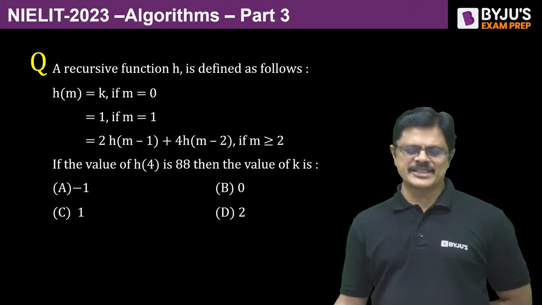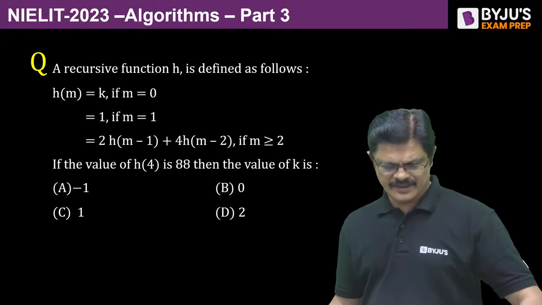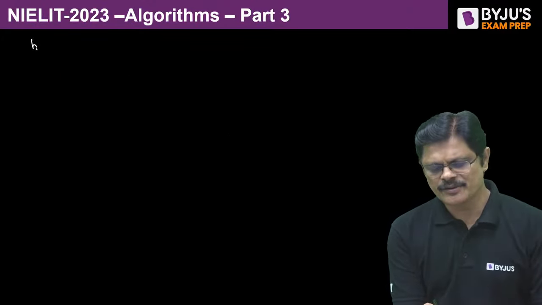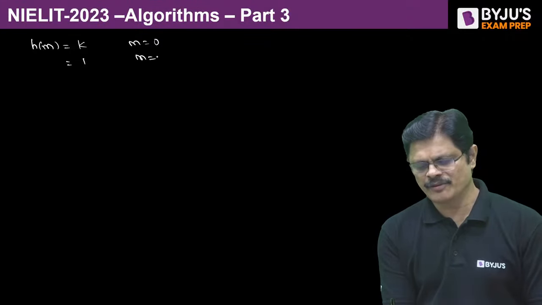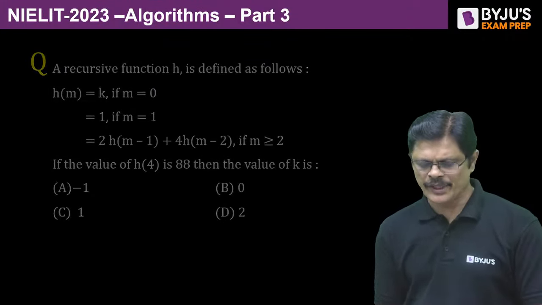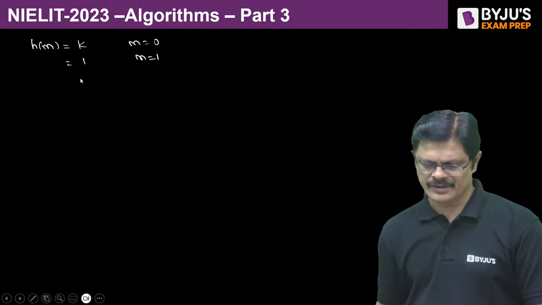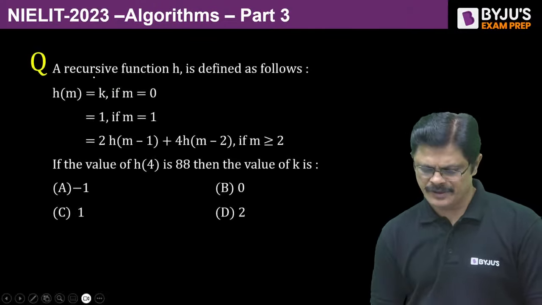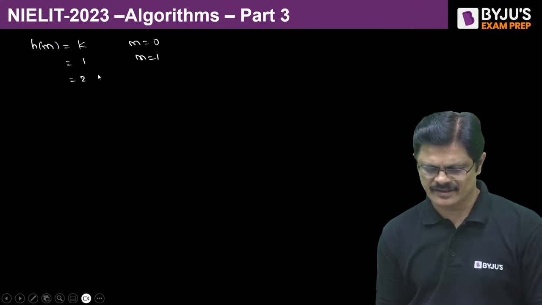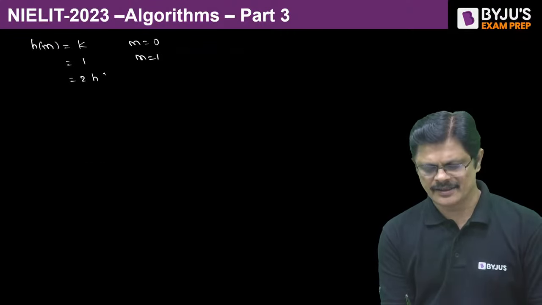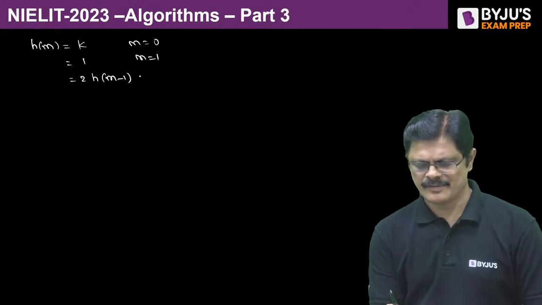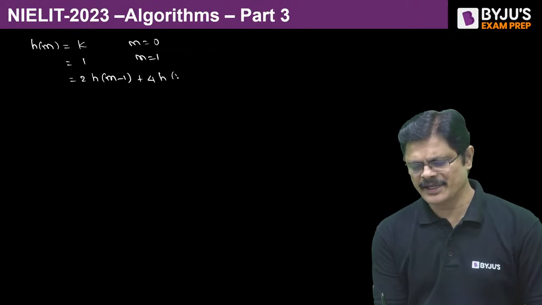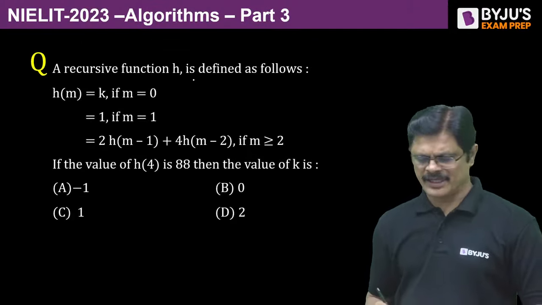Hm is equal to k for m is equal to 0, and it is equal to 1 for m is equal to 1. Then it is equal to 2 into Hm minus 1 plus 4 into Hm minus 2 for m greater than or equal to 2.